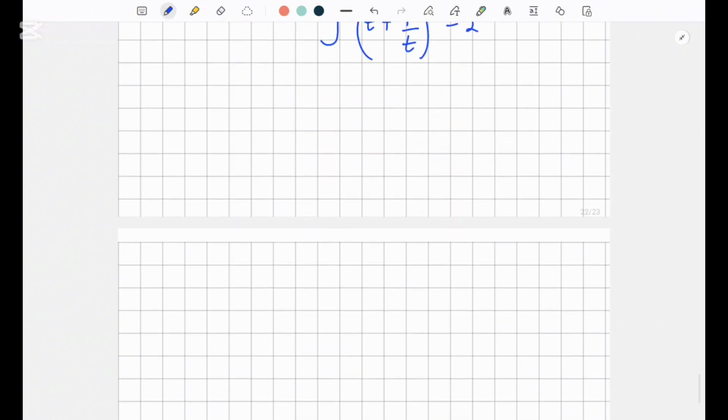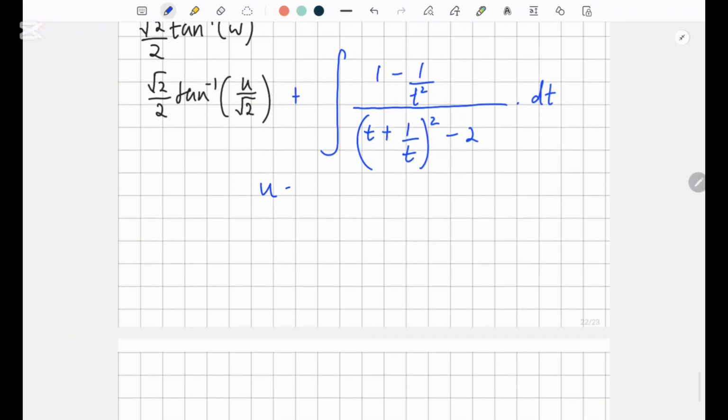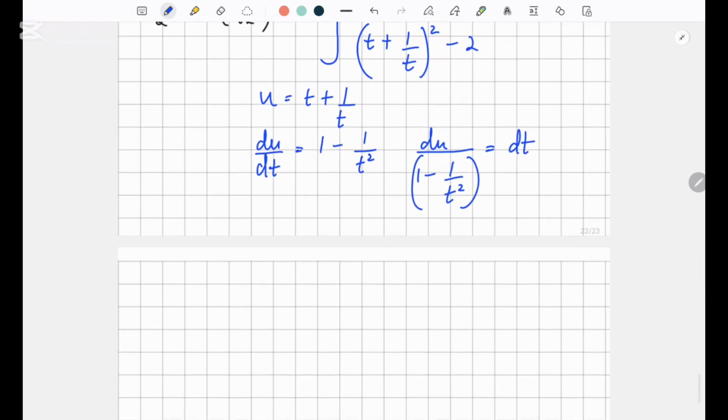So let's take a substitution of u equals t plus 1 over t. So du over dt equals 1 minus 1 over t squared, right? So du over (1 minus 1 over t squared) equals dt.